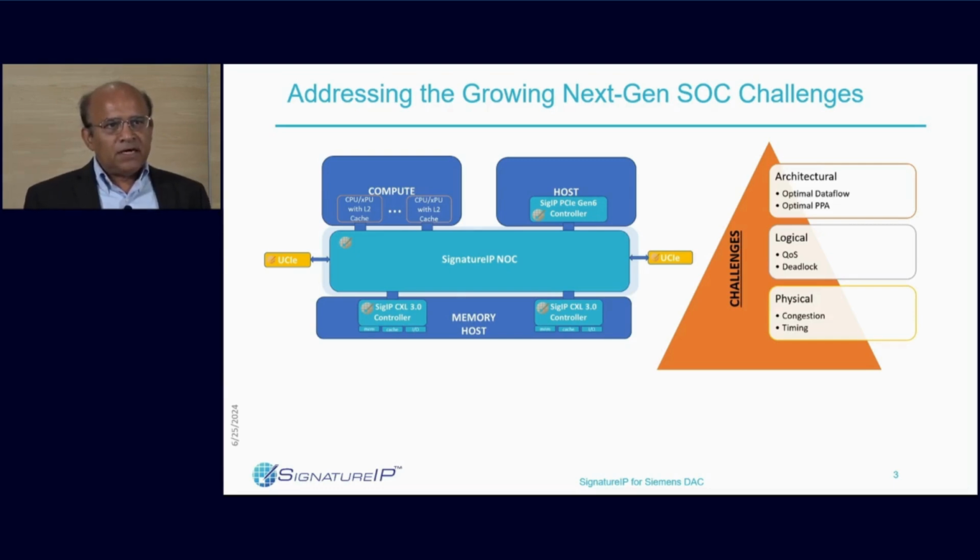Let's explain that a little bit. The first thing is you need to have a de facto host interface to connect to the NOC. That is where you need something like PCI Express. On the host side, PCI Express is the de facto standard, which is pretty critical for you to connect to the SoC.